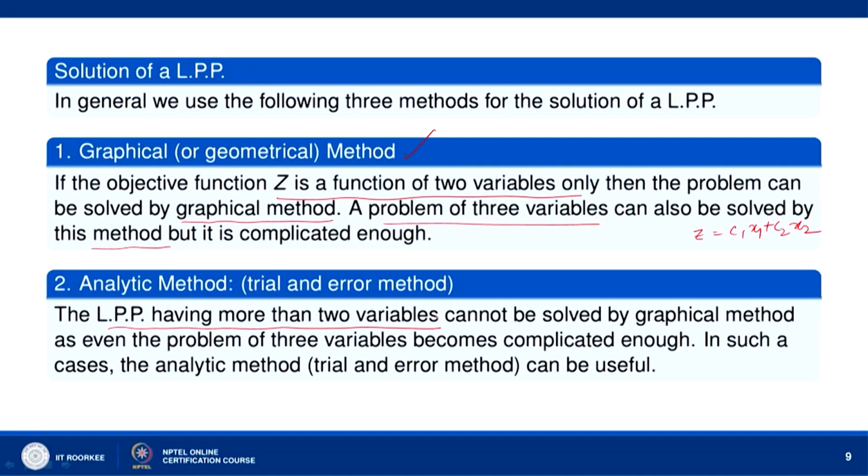Now, for an LPP having more than two variables, where z is a function of more than two variables, we do not use the graphical method, as we have seen. Even for three variables it is quite complicated. So, in such cases the analytical method, which is also called the trial and error method, is useful.